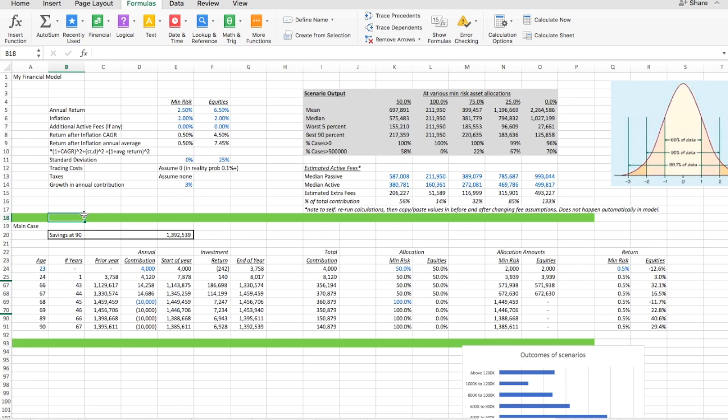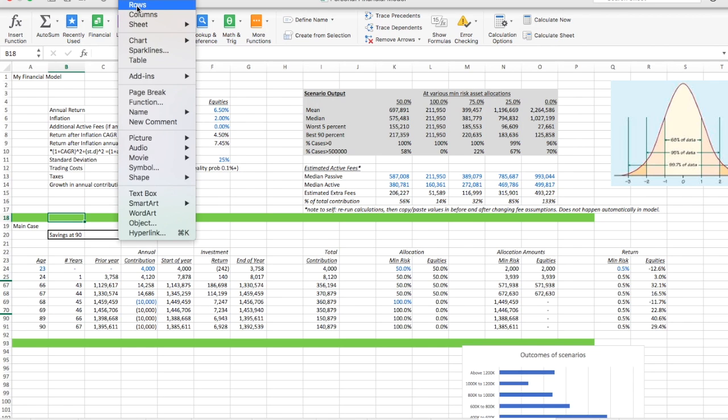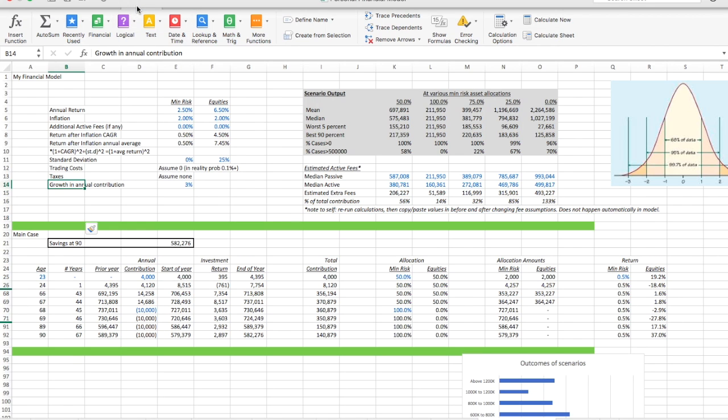All right, so now what I want to do is make these contributions vary. I want to start by creating a little bit more space up here, and then let's move this down here, and call this one contribution, and this one spending or withdrawal.